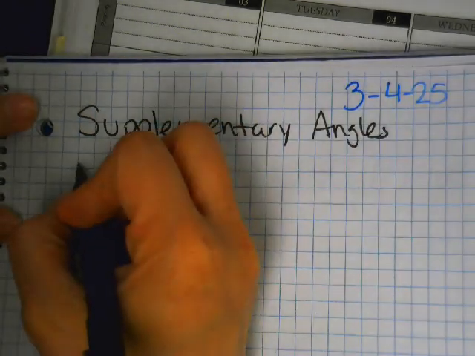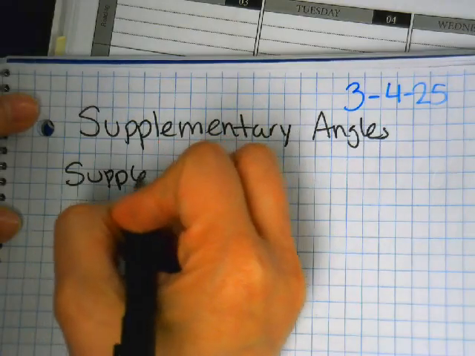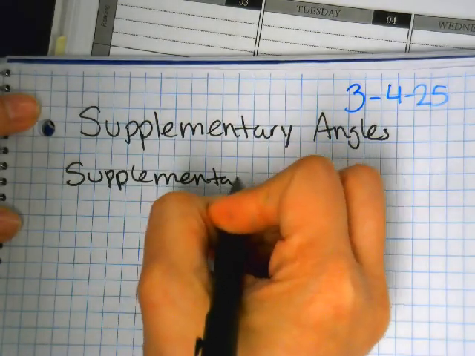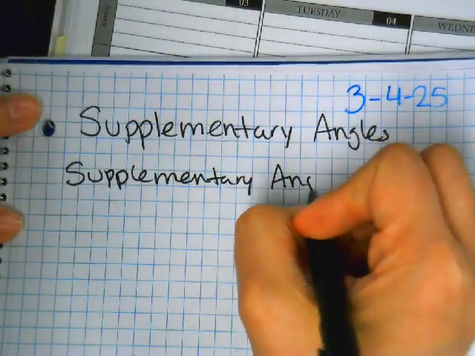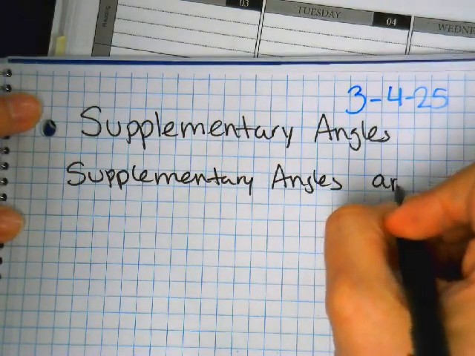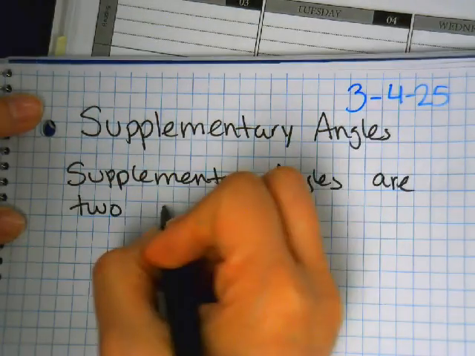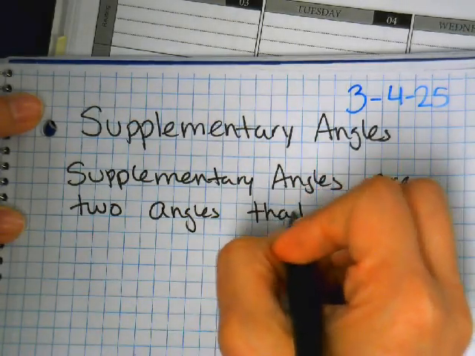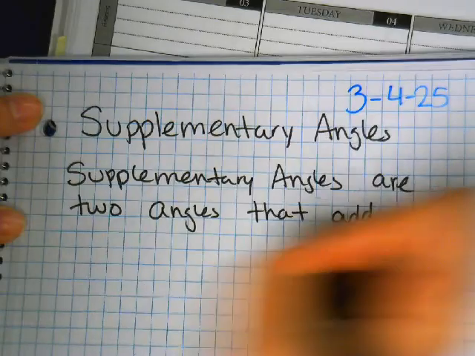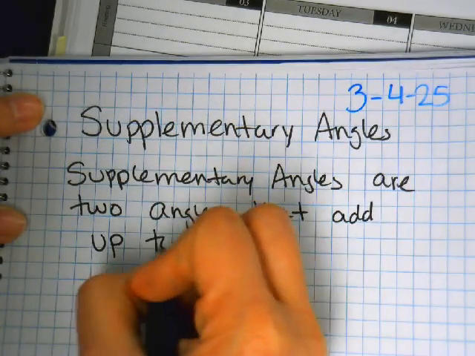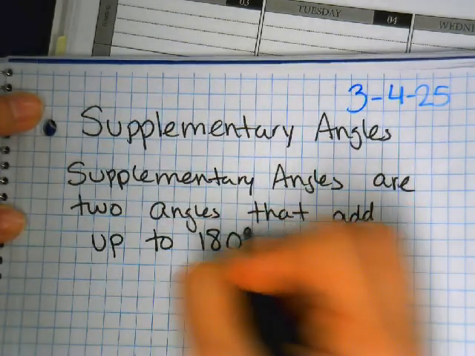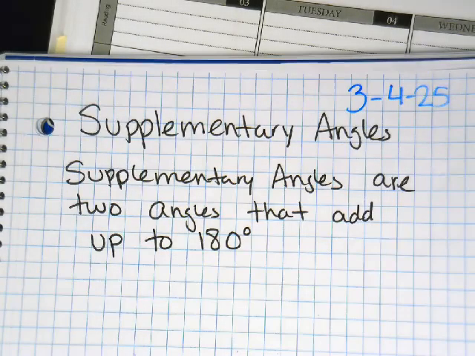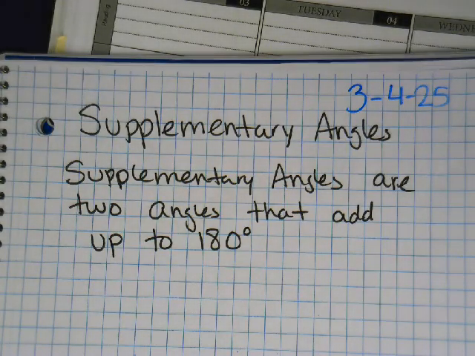All right, so the definition of supplementary angles. Supplementary angles are two angles that add up to 180 degrees.